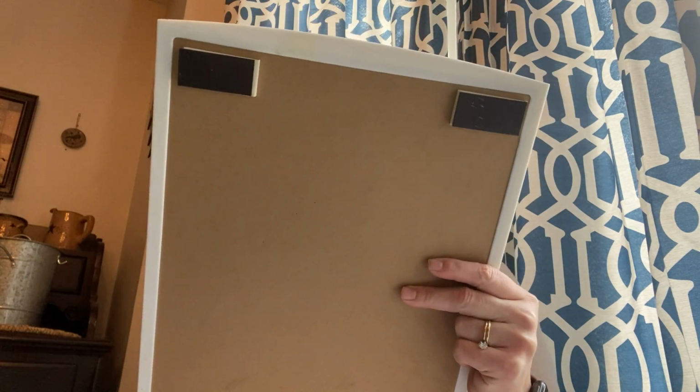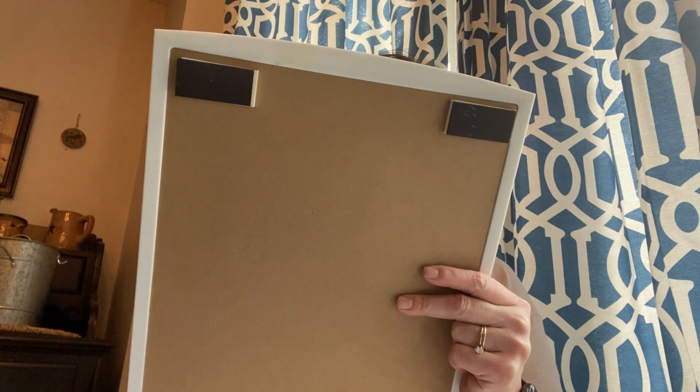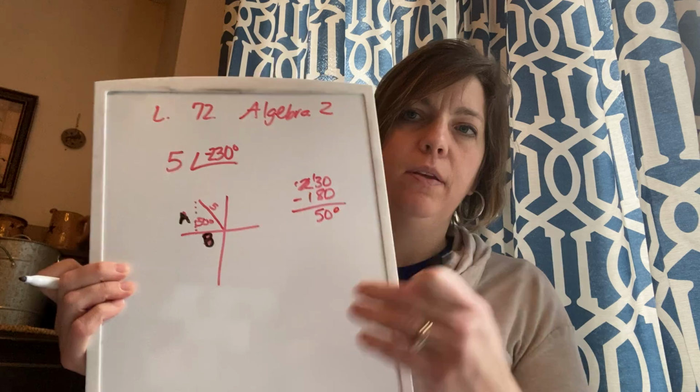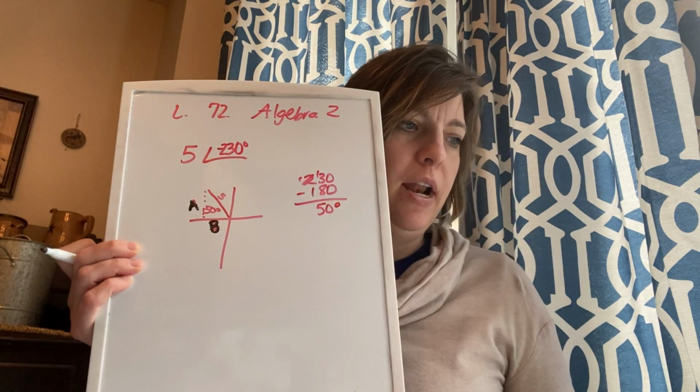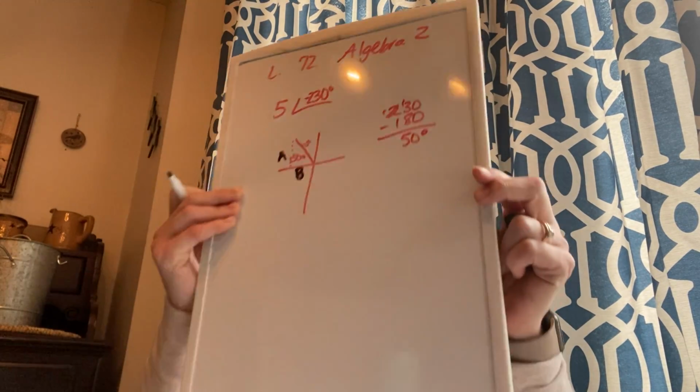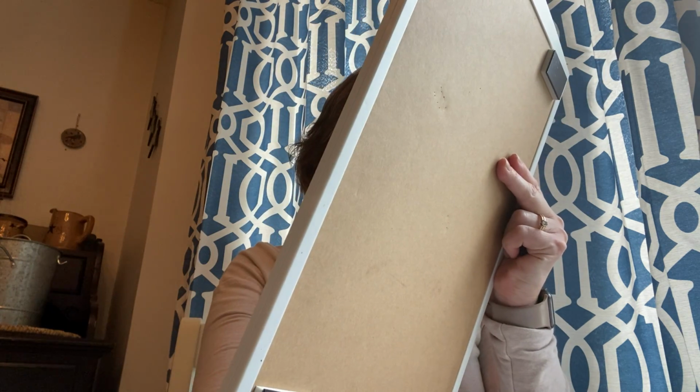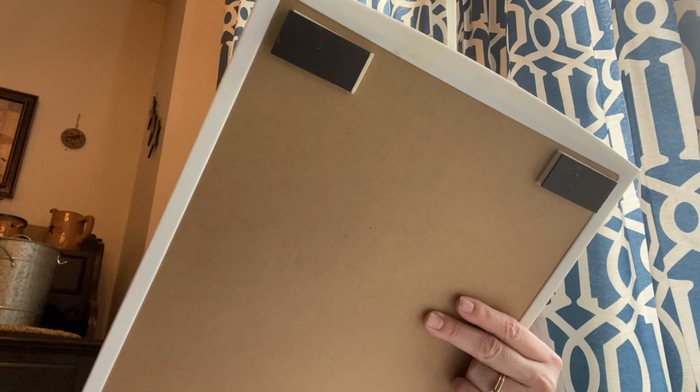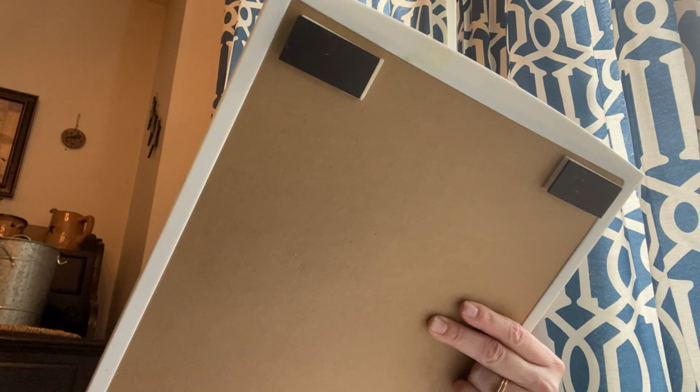Now, I've got to find this distance. So I've got to find A and B. It might help if I did it a different color, wouldn't it? Let me grab my black so you guys can see exactly what I'm looking for. I'm looking for A and I'm looking for B, right? So I drew my picture there. Since I'm looking for A, the sine of 50 degrees equals A over 5.